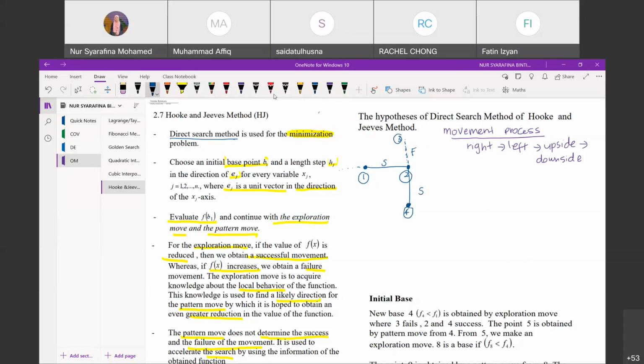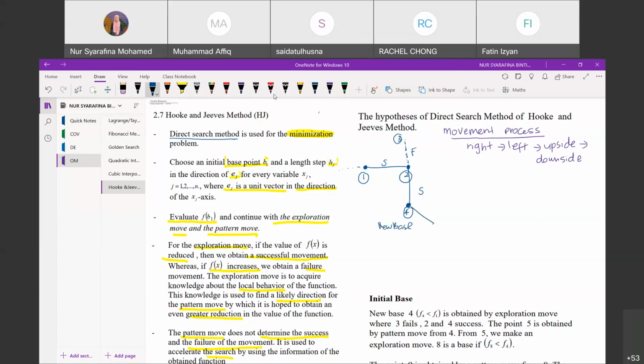Now evaluate FB1 and continue with the exploration move and the pattern. So in terms of pattern, it moves like this. Then this is our new base.